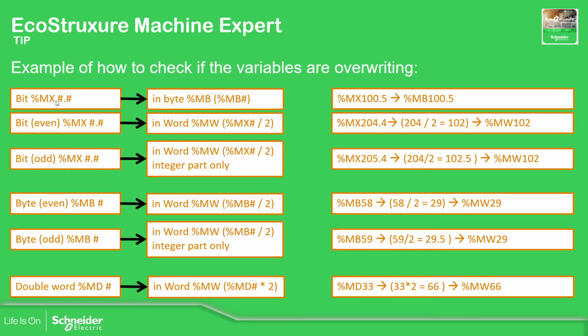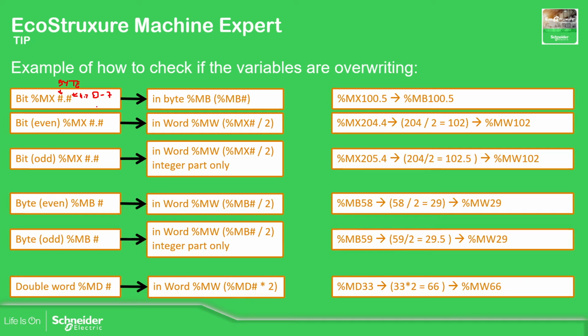So if we want to define a bit variable in our system, we just need to use %MX, and then the byte, dot, the bit, which goes from 0 to 7.